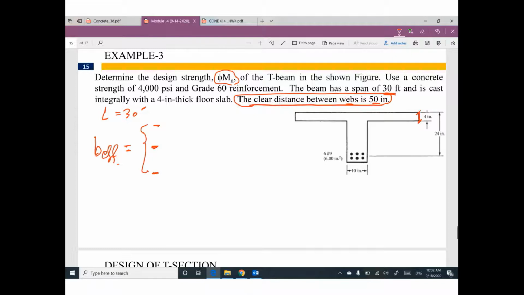I'm gonna do it here. We have span divided by 4, 30 divided by 12 divided by 4. We have 16 H flange plus B web, so 16 times 4 plus 10. We have center line to center line. Be careful, center line to center line.